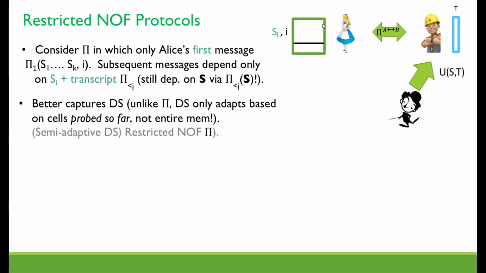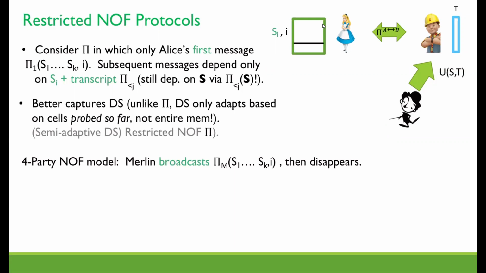This better captures the data structure, as a data structure can only adapt based on the read cells, not all written cells. For simplicity, this can also be viewed as an equivalent four-party number-on-forehead model, where we introduce an extra player Merlin who broadcasts the first message, then disappears.